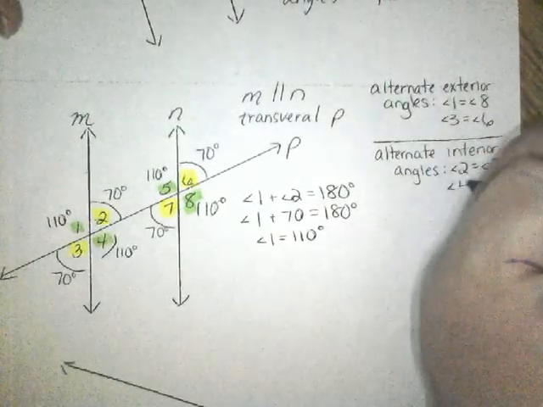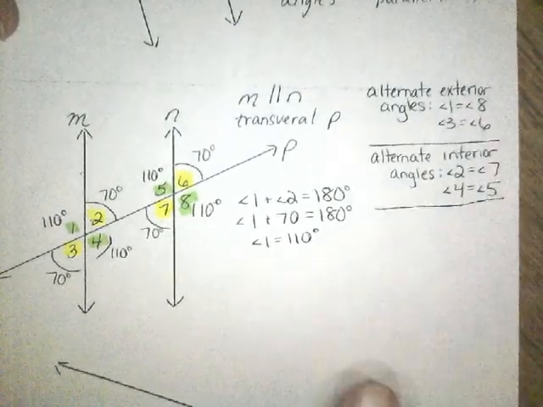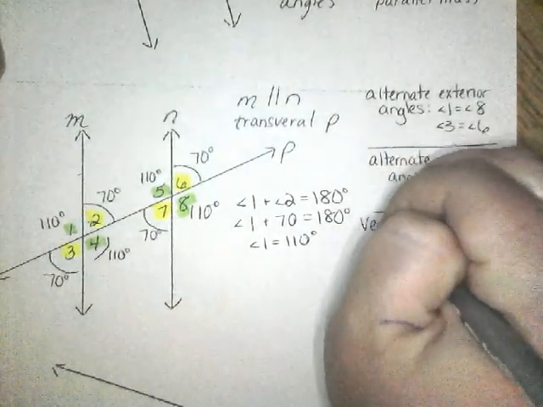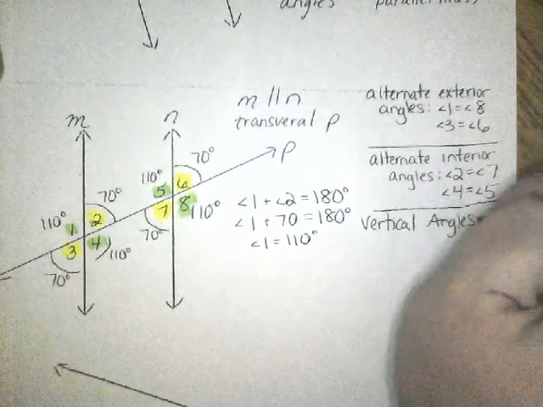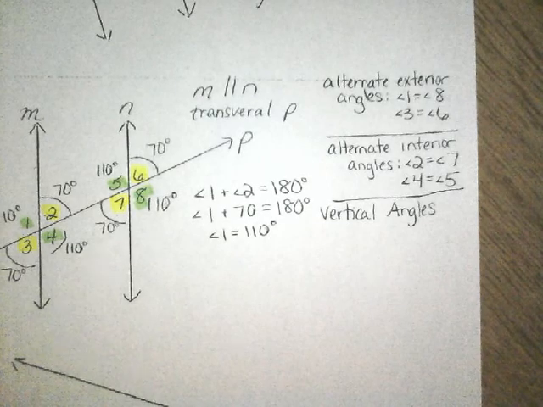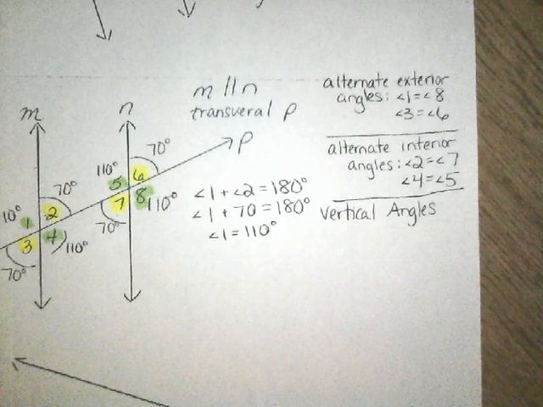So now we want to find the alternate angle that's still an exterior angle. So angle 1 is on the left. Which one of these is on the right? 8 or 7? 7 is the alternate exterior angle. So they are actually equal to each other because alternate exterior angles are equal to each other.